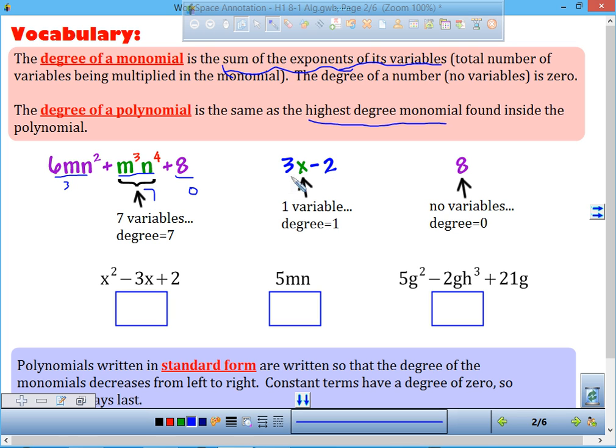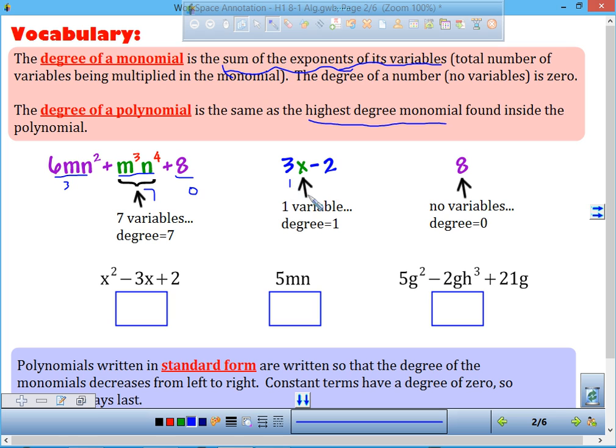Here it's a degree of 1 because it's a polynomial. It's got two terms. 3x is the first term, negative 2 is the second term, and the degree of the first term is 1. It has a variable, and the variable's exponent is 1.